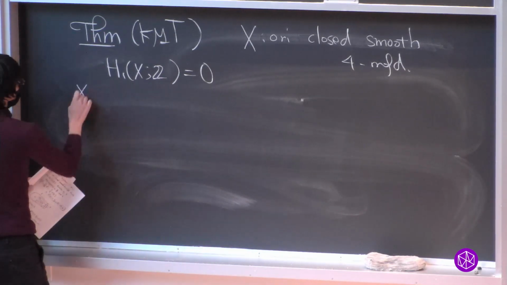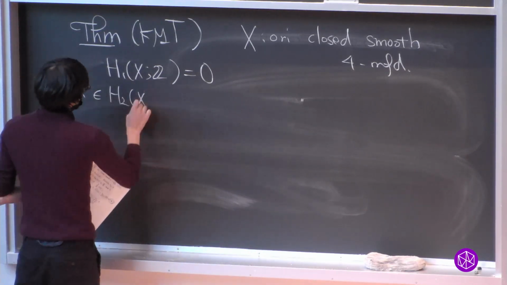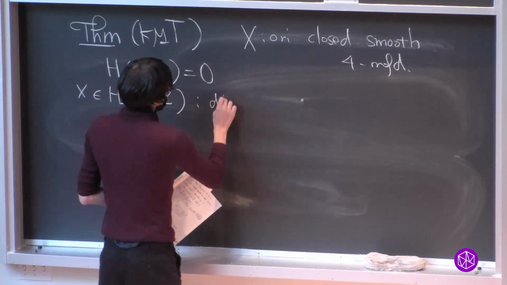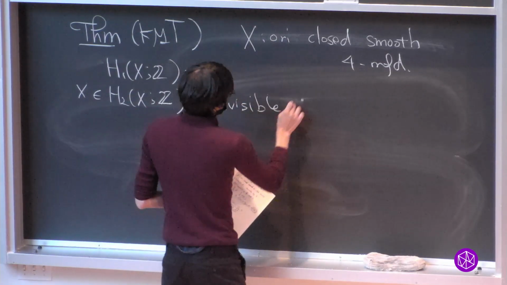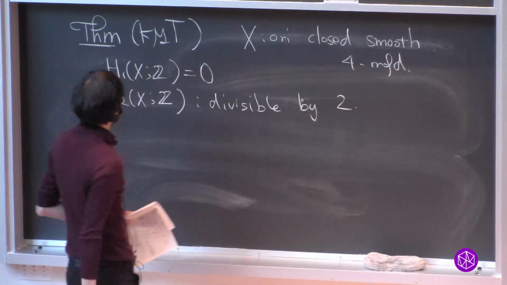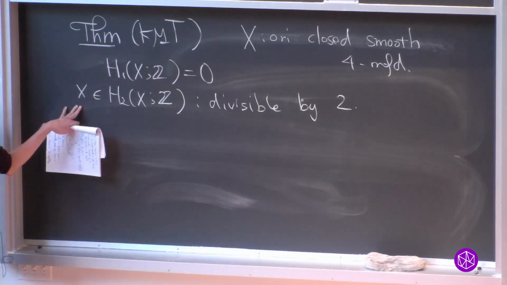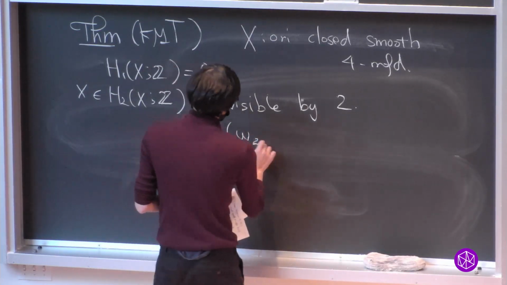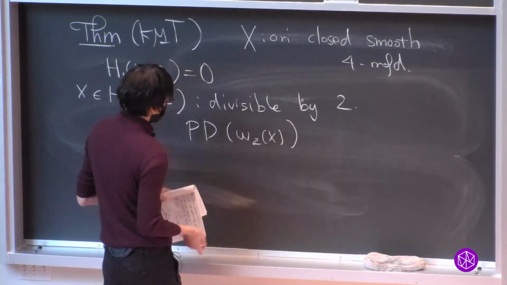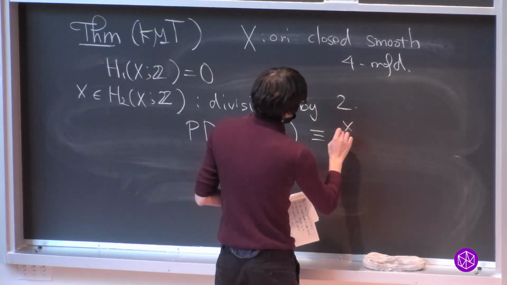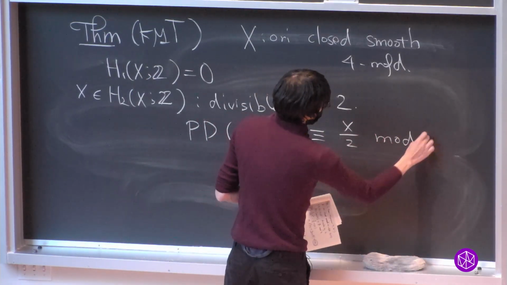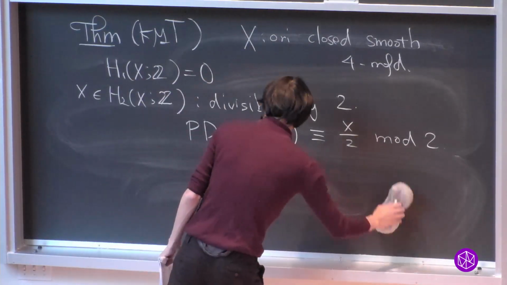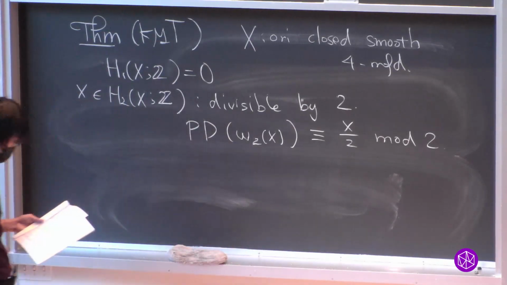Now let's take a second homology class of X, and suppose this is divisible by 2, in other words, this is 0 in the Z/2Z coefficient. And the Poincare dual of the second Stiefel-Whitney class of X is equal to x over 2 in Z/2Z coefficient. So these are the assumptions for the four-manifold and homology class.